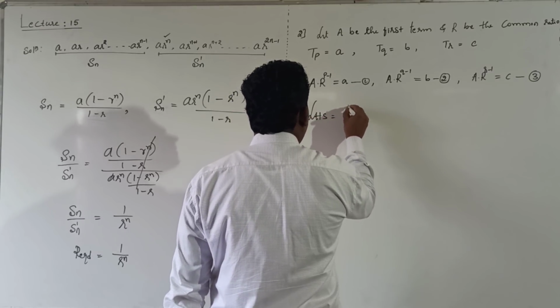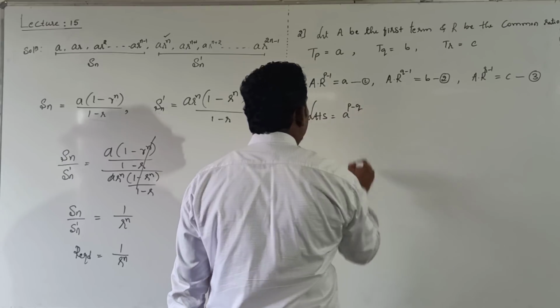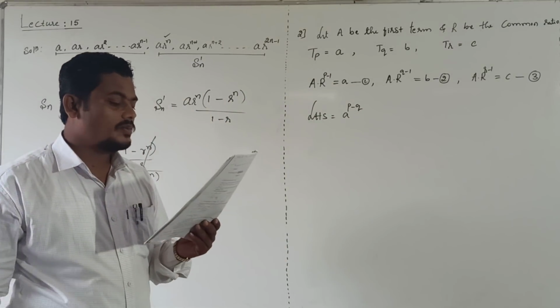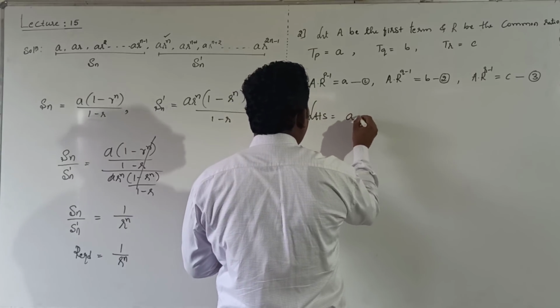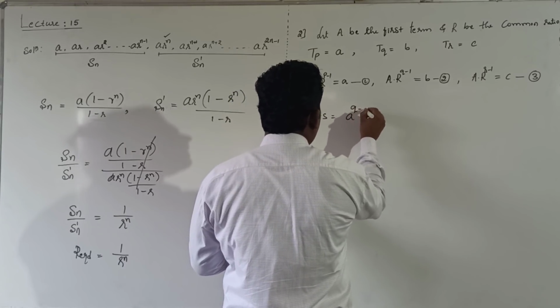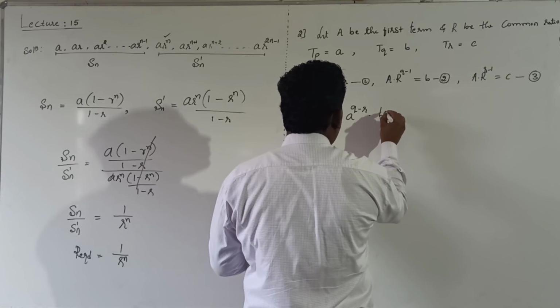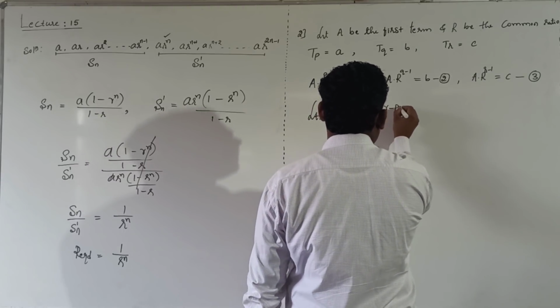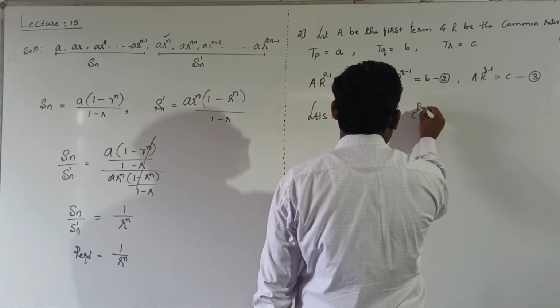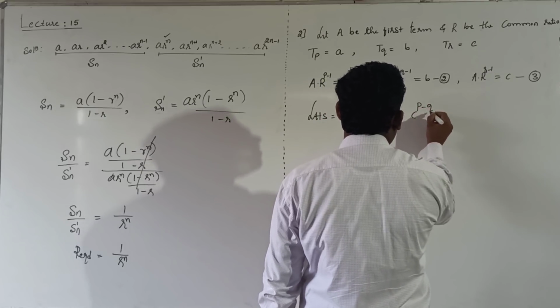a power q minus r into b power r minus p into c power p minus q is equal to 1.